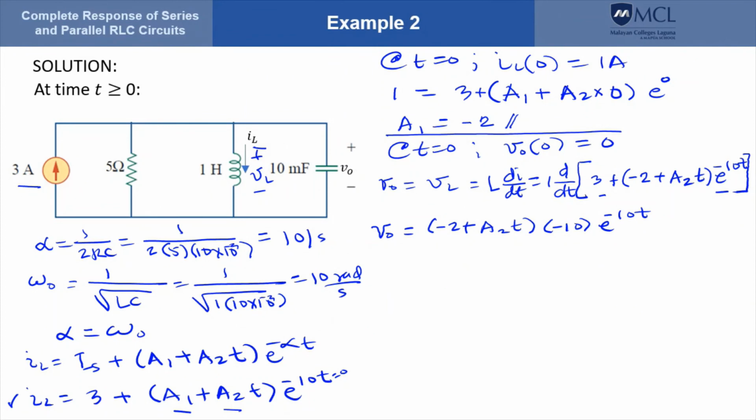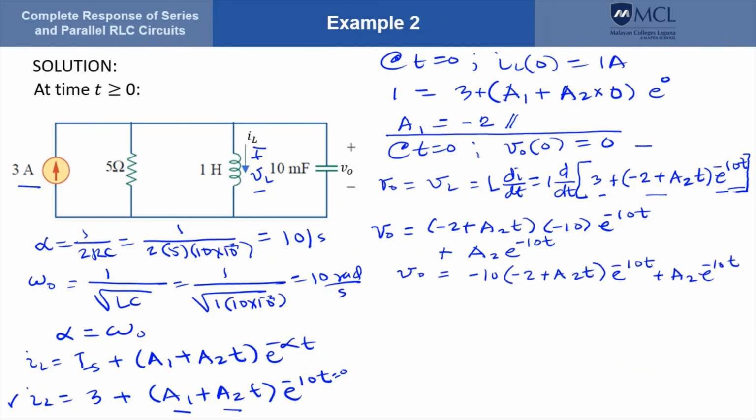plus this one times the derivative of this. So the derivative of minus 2 plus A2 t is A2, times e to the minus 10 t. So this becomes V naught.